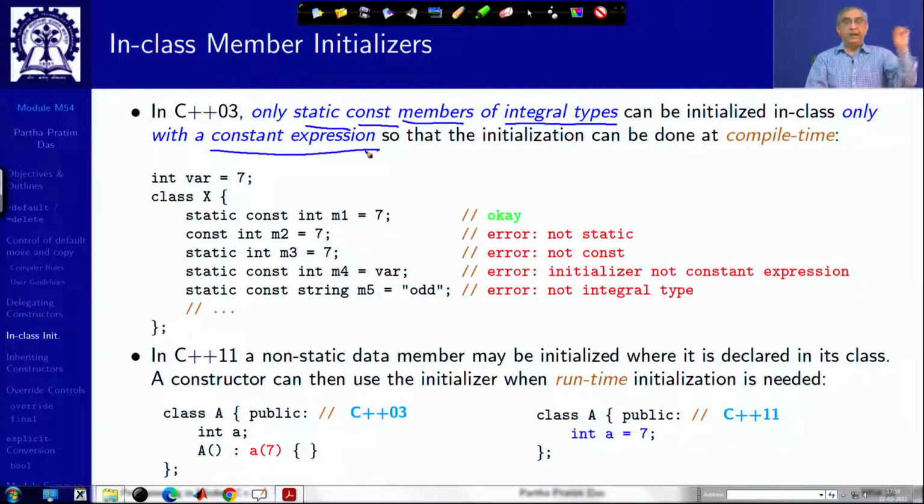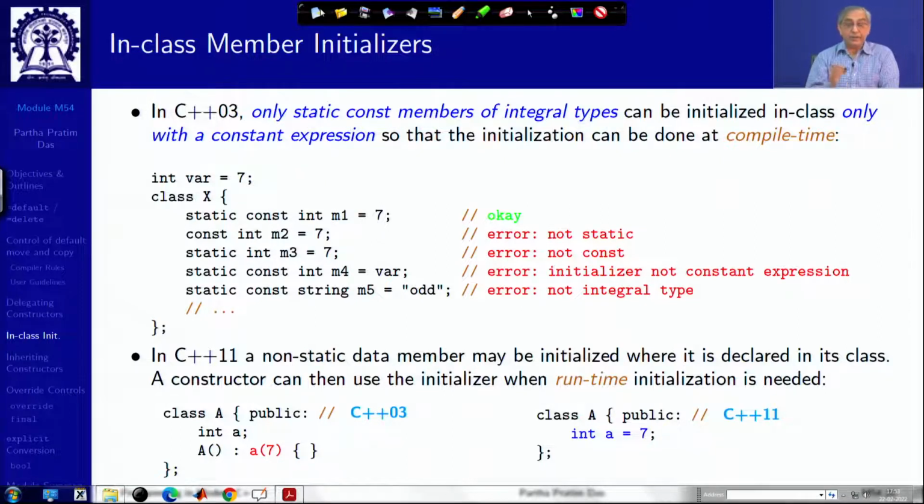Otherwise, you have to write the static member there, and outside the class you have to again write and put the initialization, declare that variable and define its initializing value, which often you have questioned really as to how useful it is or how convenient it is.